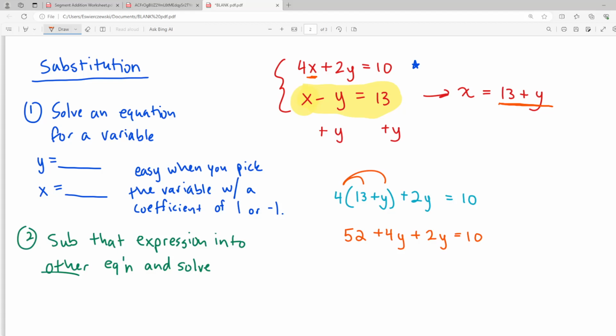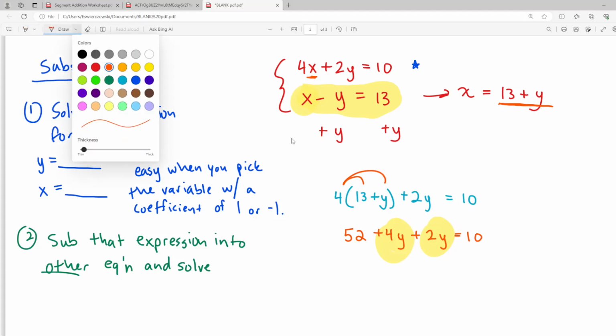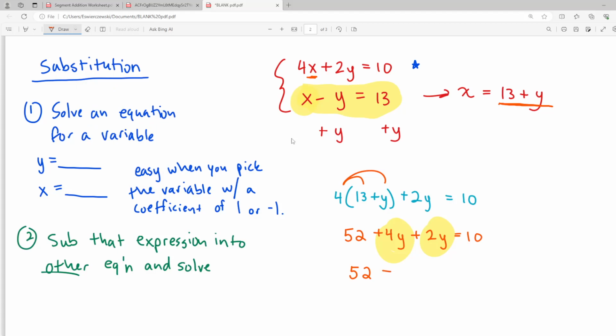Combine like terms. Remember, like terms are terms that have the same variable and same exponent. 4y plus 2y is 6y.